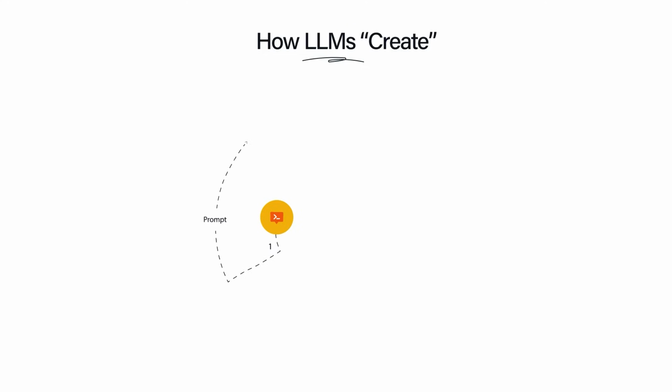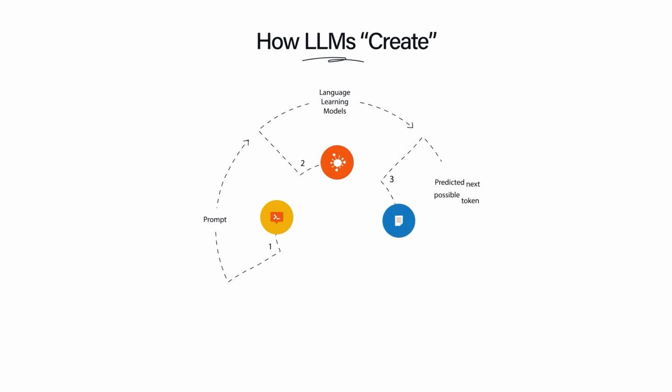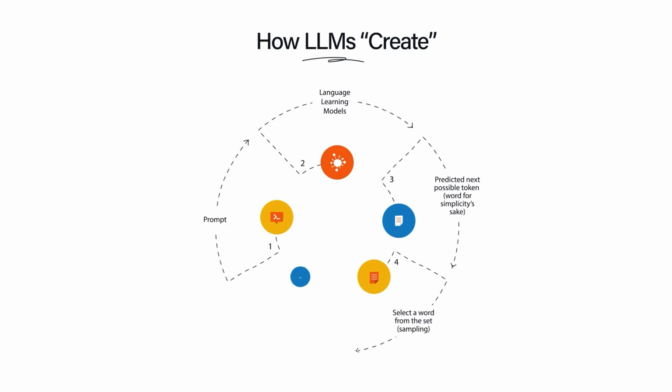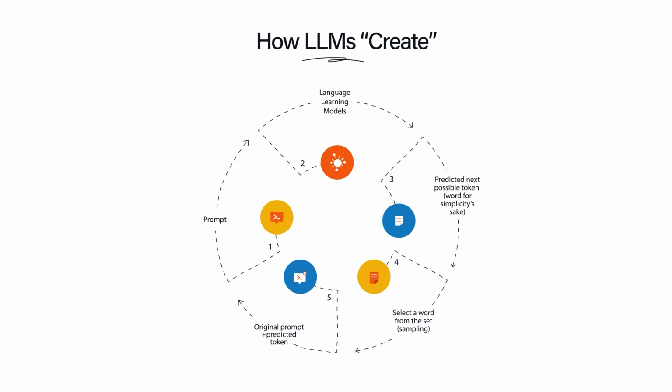You give the model a prompt, it predicts the next word, that word gets added to the original prompt, then it predicts the next word and repeats the cycle again and again until it predicts a special word that signifies the end of an answer. So the model is not really thinking up an answer in one go, it is building it one step at a time through repeated prediction.